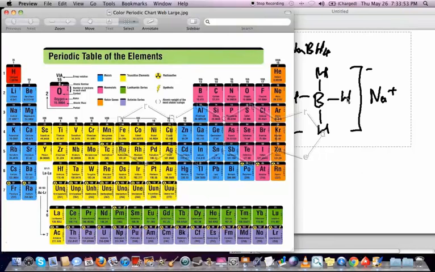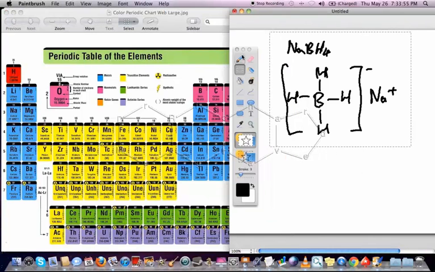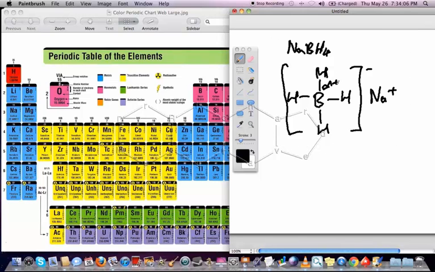As such, we can say that the boron is less electronegative than the hydrogen is. As such, being metallic, we can draw a delta plus on the B, and that means we can draw a delta minus on the H. And all these H's can have delta minuses on them.